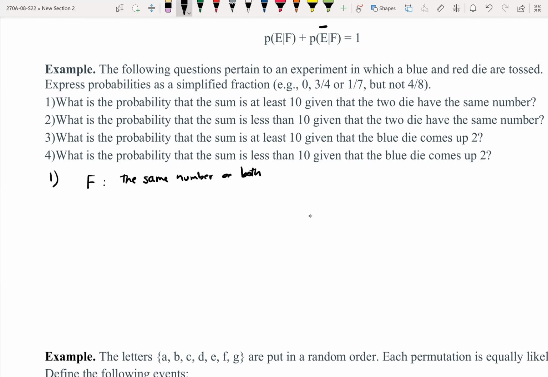You want to have 1, 1, 2, 2, 3, 3, 4, 4, 5, 5, 6, 6. How many chances to have the same number on both dice? 6 out of 36. So for E, what's the probability of the sum being at least 10?